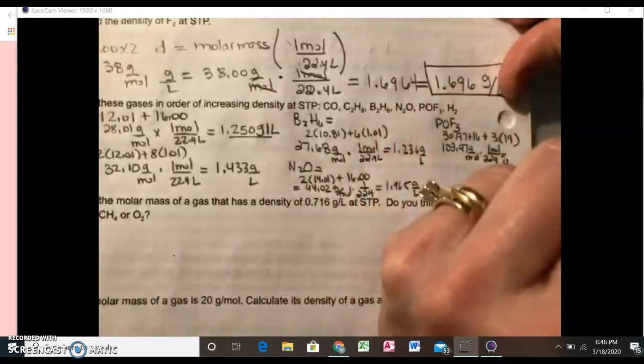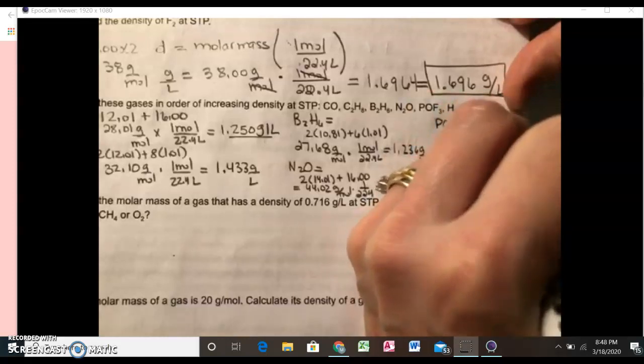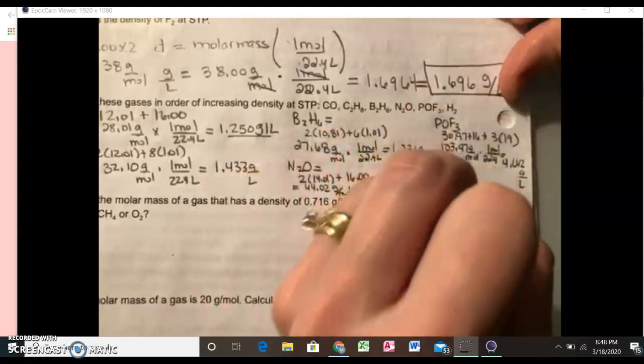I get 4.642 grams per liter, and you guys can see I'm struggling with space here.